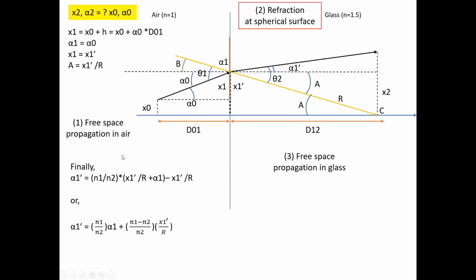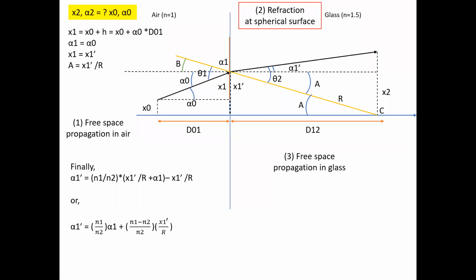Okay. So finally, we have a good form. So I just rearranged the terms to make them look like a proper equation over here. So I can relate my alpha 1 prime with alpha 1 using n1, n2, and r. So just simplification, nothing else. And you can just work this out by yourself.